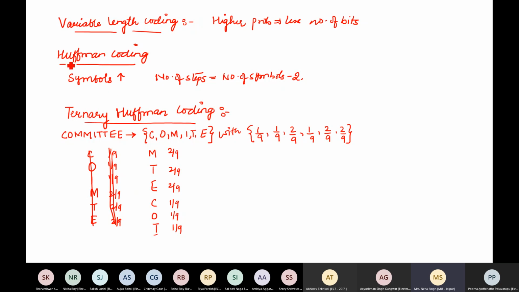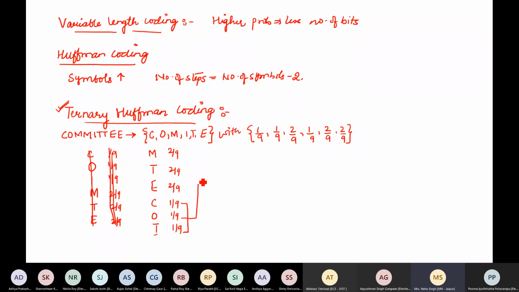Now, in the Huffman coding that we did in the last class, we kept on adding the last two probabilities. Now I say I need a non-binary Huffman coding, that is a ternary Huffman coding. So I'll combine these three probabilities together. The sum of these three probabilities will be 3 by 9.